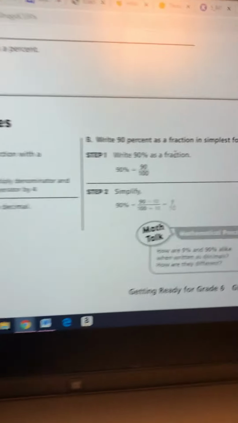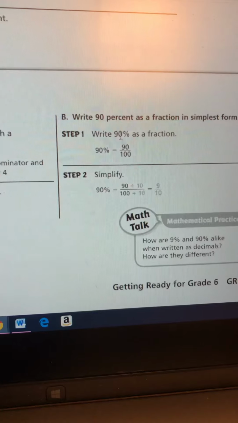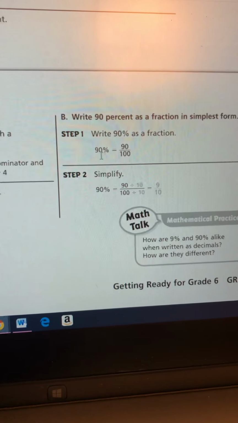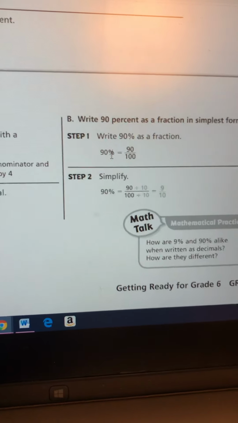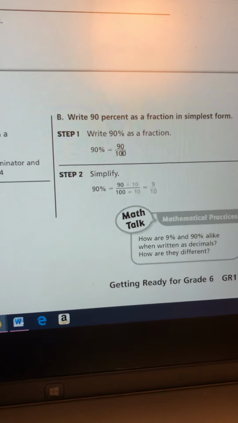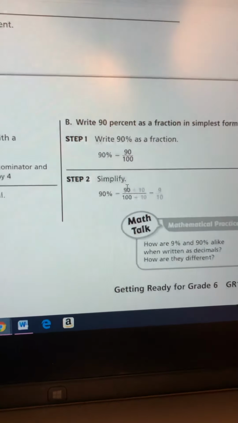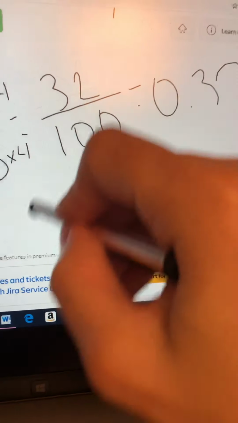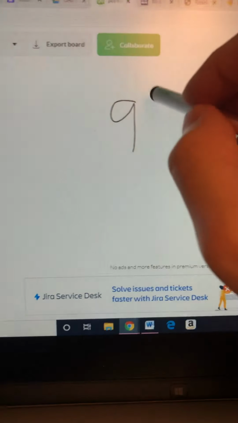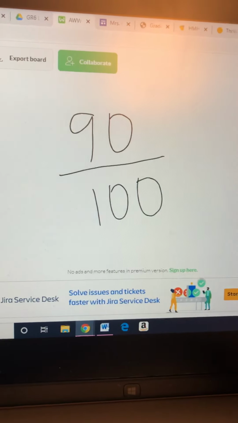90% as a fraction. Here they want you to write a percent as a fraction. So if we have 90%, we know that percents are out of 100. Again, it's going to be the same thing over and over again. Now, 90 over 100 can be simplified. To simplify these fractions is very simple.